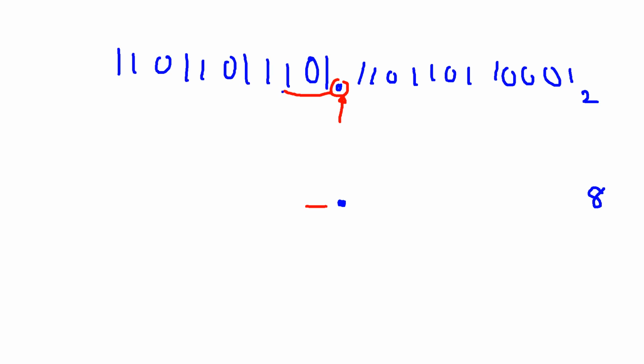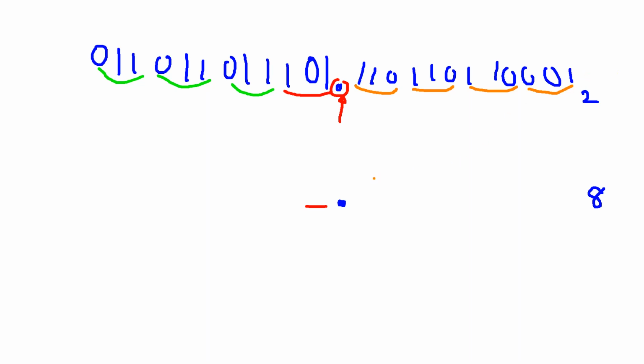I group this one with 3 bits. How about this? 1 2, you can add 0 here, because it is still the same value. How about this? 3 3 3. If not, you can add 0 on the right hand side.